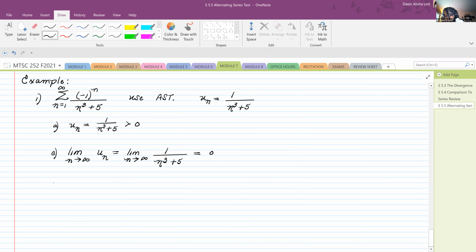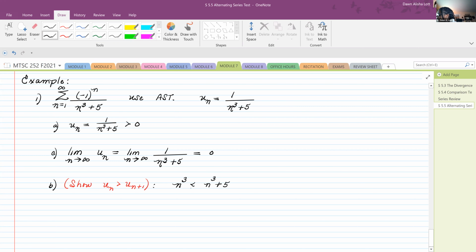B, we must now show that UN is bigger than UN plus 1. Well, that's actually not too hard. N cubed is certainly smaller than n cubed plus 5.